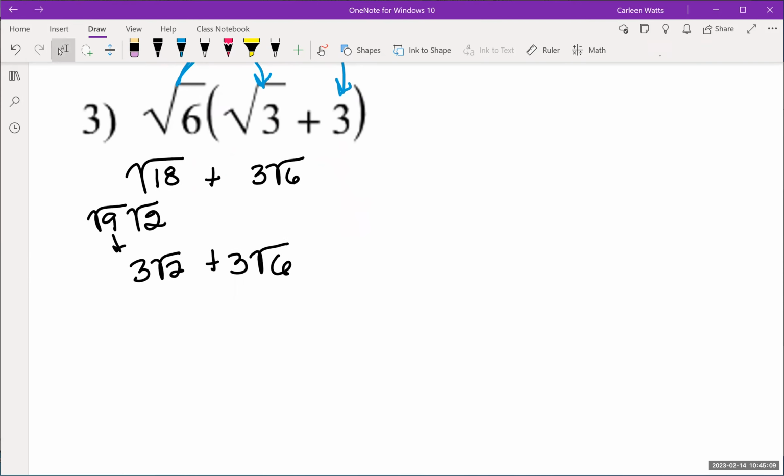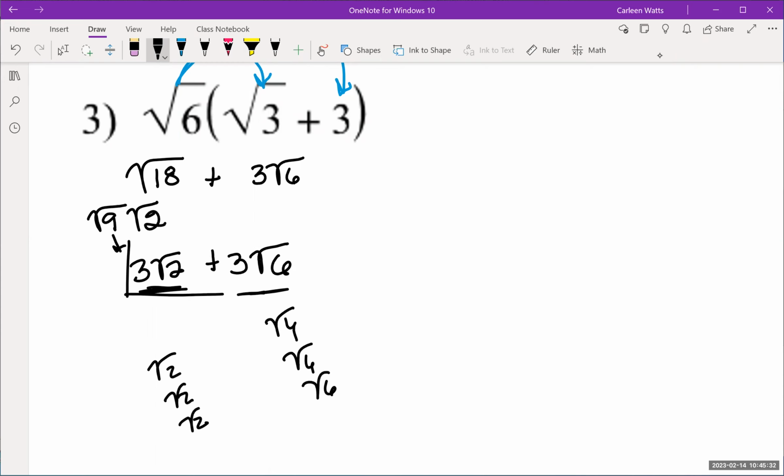Okay, so the next step, can I combine these? I have 3 root 2s. And I have 3 root 6s. All together, can I smush them into something? No, when you add, they have to match.